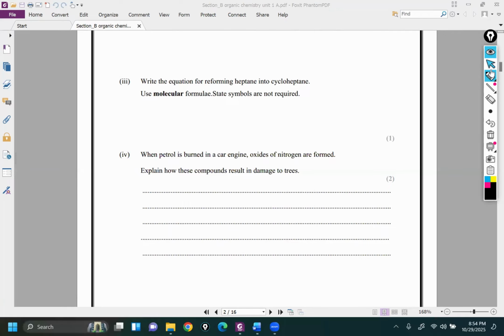Part 3, write the equation for reforming heptane into cycloheptane. Use molecular formula. State symbols are not required. Now they are asking here, they have given bold molecular formula. So the heptane molecular formula is C7H16, hydrogen will be 2 more than double.